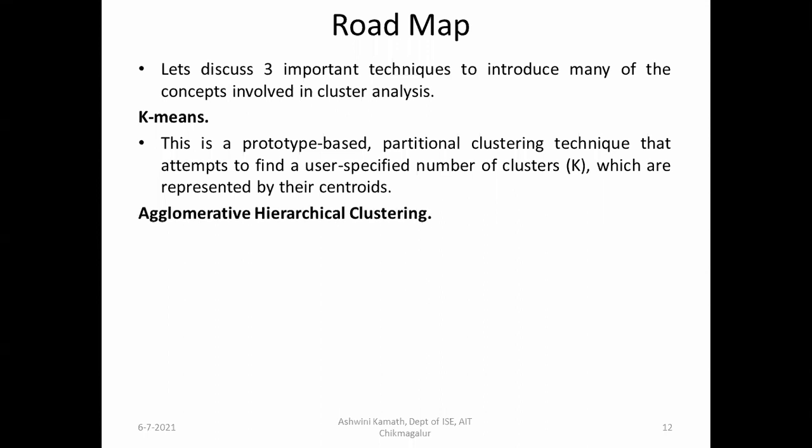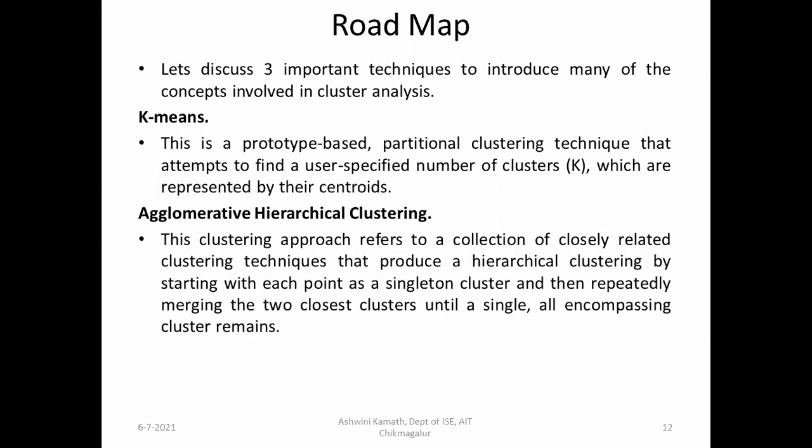Then the next one is agglomerative hierarchical clustering. This clustering approach refers to a collection of closely related clustering techniques that produce a hierarchical clustering by starting with each point as a singleton cluster and then repeatedly merging the two closest clusters until a single all-encompassing cluster remains.